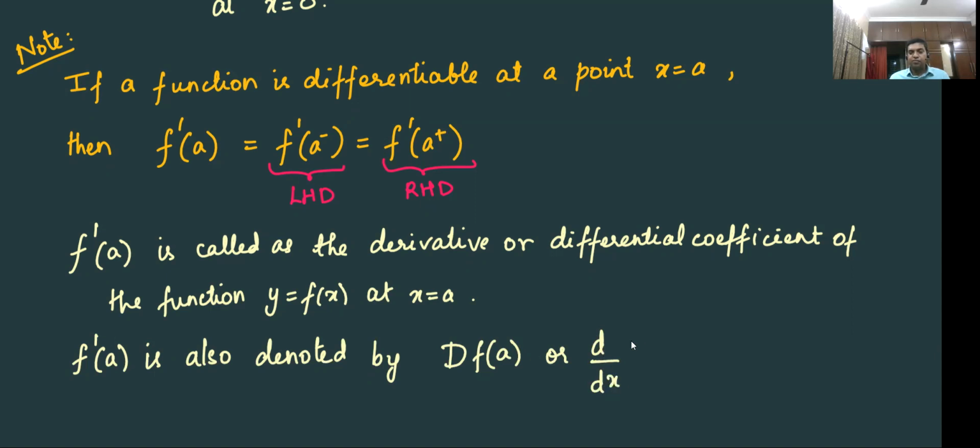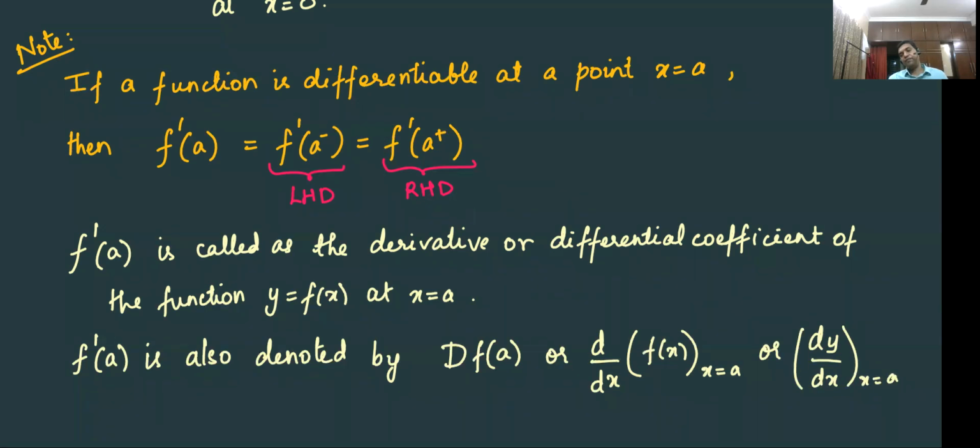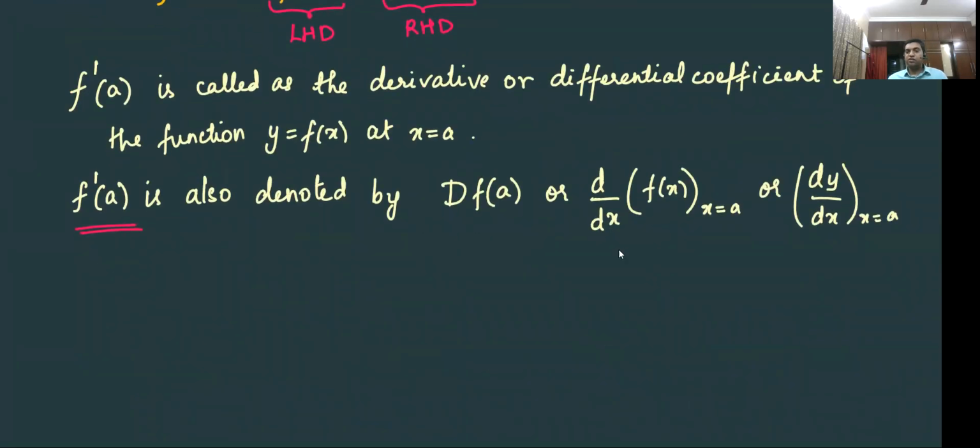We say derivative with respect to x, d by dx of f of x at x equal to a, or we simply write dy by dx at x equal to a. So these are the various notations for derivatives. The most common ones are f dash, d by dx, or dy by dx. These are the most common and interchangeable notations. Okay.